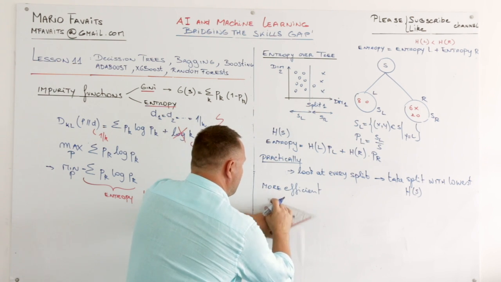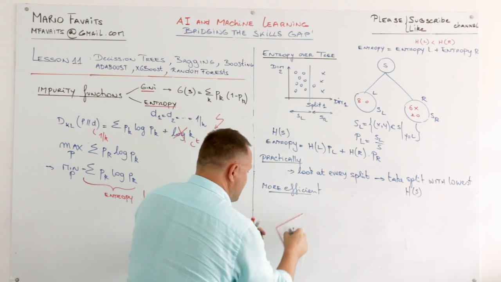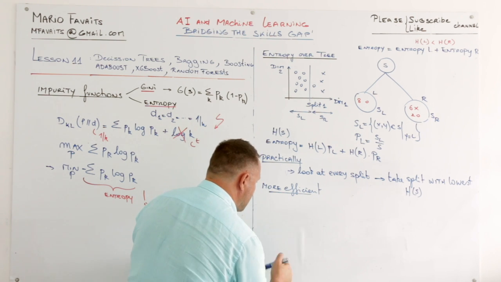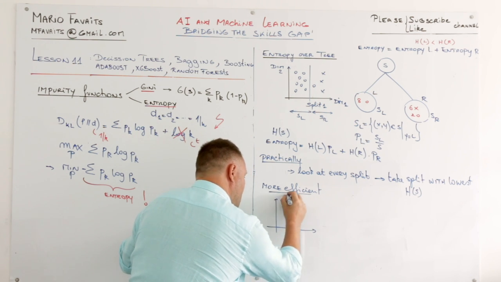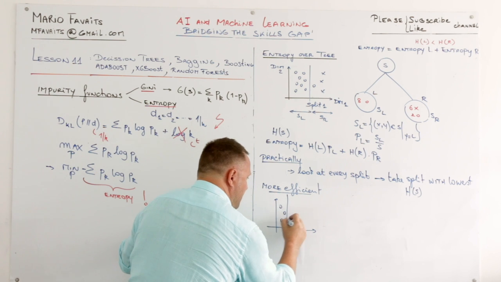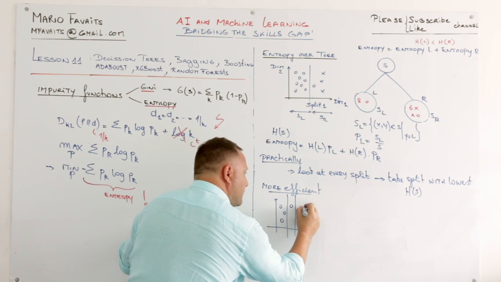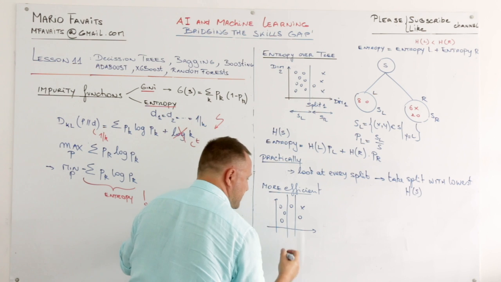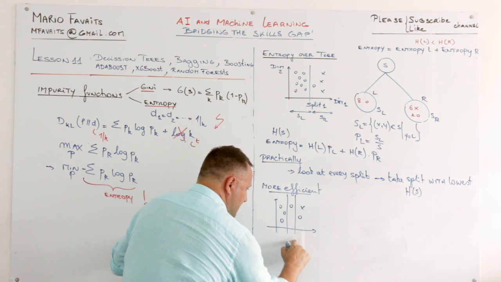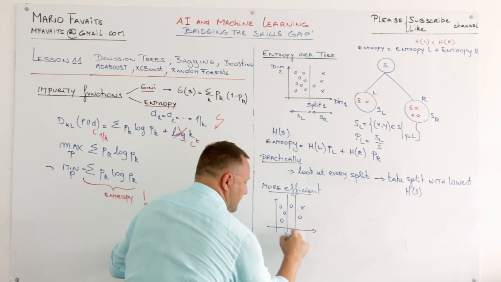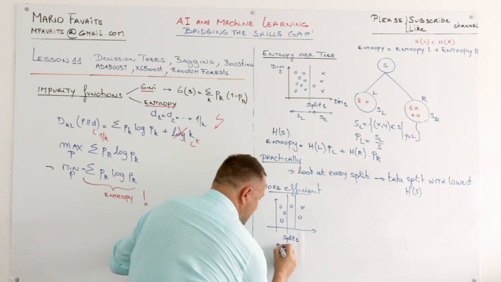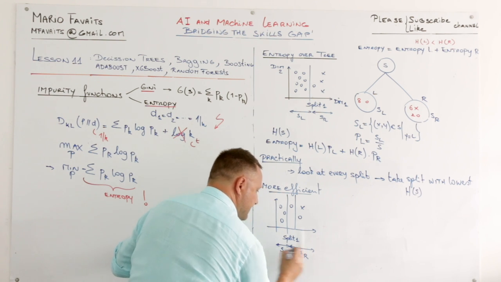How can we do it more efficiently? Well, basically, the way it's going to work is you have here your situation where here you have 3 circles, here you have a 4th circle, and here you have a few more. This is going to be your split one. So this piece here is S to the left, and this is S to the right.